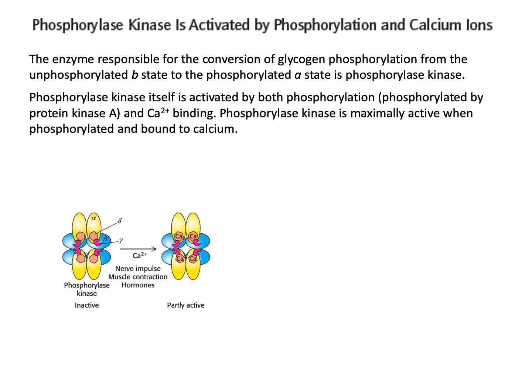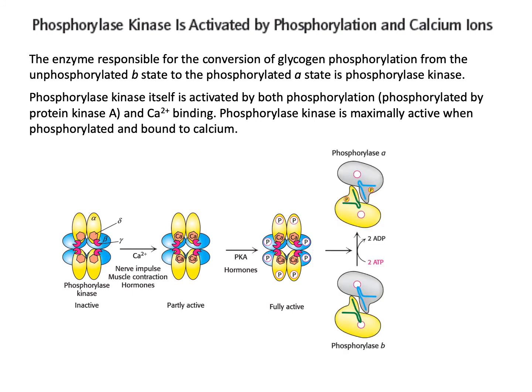The inactive phosphorylase kinase has 4 subunits. The calcium ion bound to the delta subunit becomes partially active and is further activated by PKA and becomes fully active. This fully active phosphorylase kinase catalyzes the conversion of phosphorylase B to phosphorylase A.